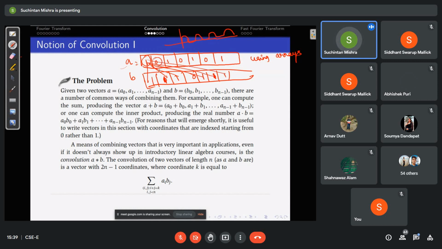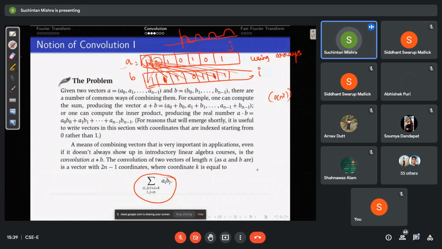Again take the next element, multiply it with every other element. So one pointer has to be run here, another pointer here. This will be my i pointer, this will be my j pointer. Definitely the running time will be order of n square. Why? Because this is the formula for your convolution.